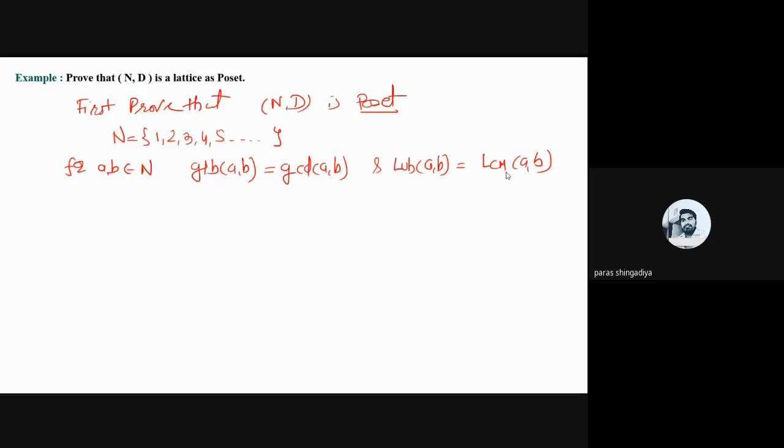So we can easily prepare such a table and identify how many pairs are possible there. But here N is given, which includes infinite numbers. So in this case, the table approach is not possible, because we cannot create infinite pairs. Clear, we cannot define infinite pairs.